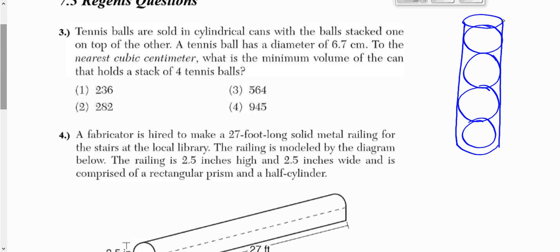And each one of these has a diameter of what? 6.7. Which means you'll need the radius, so what would be the radius for each one? I'll just put that down on this one. 3.35, make that more clear. 3.35.